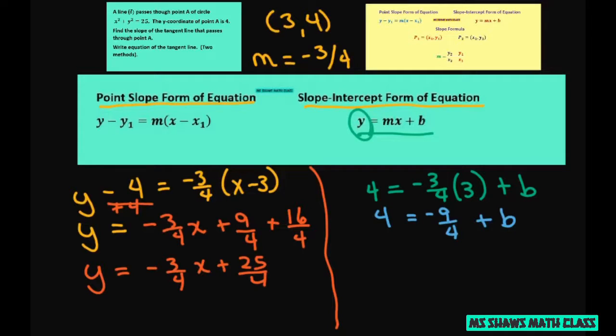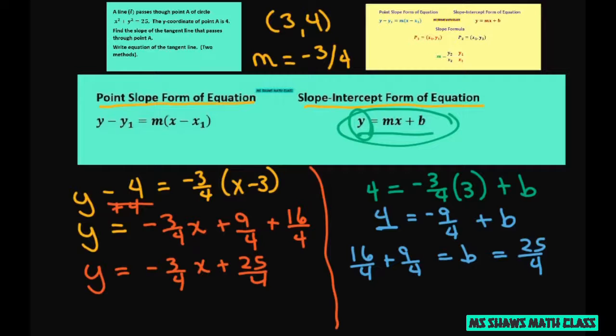Add 9/4 to both sides. I'm going to go ahead and write this as 16/4 plus 9/4 equals b. So we get b equals 25/4. Now go back to your original equation and write y equals negative 3/4 x plus your b, which is 25/4.